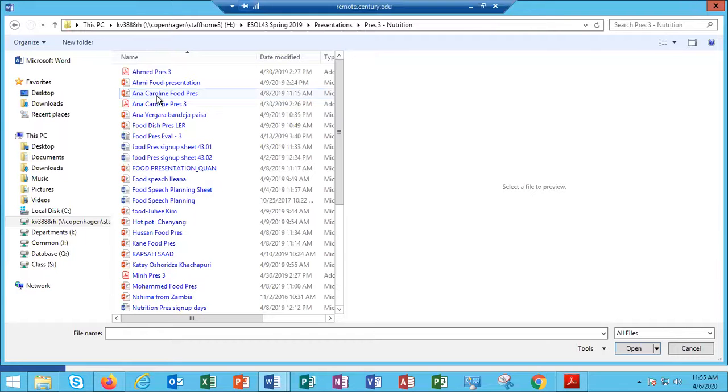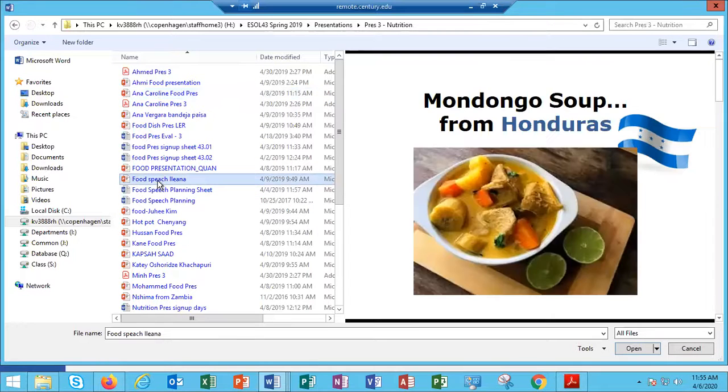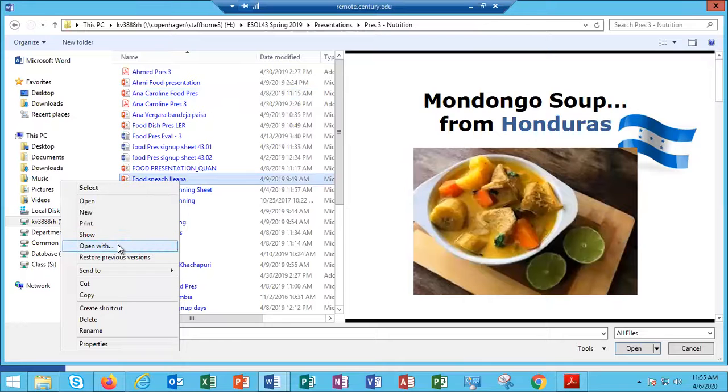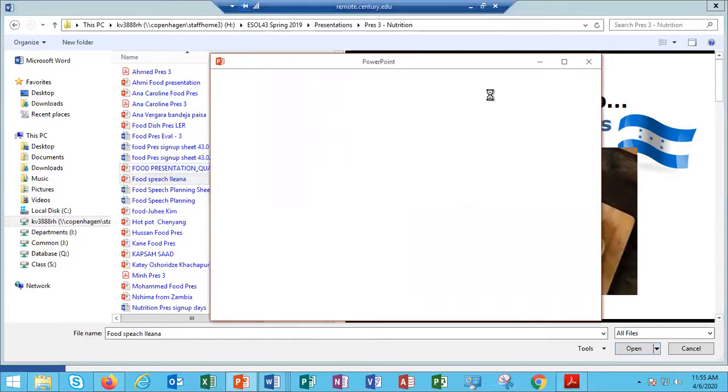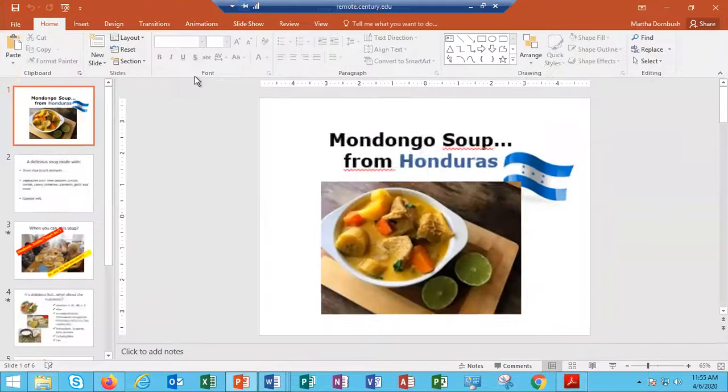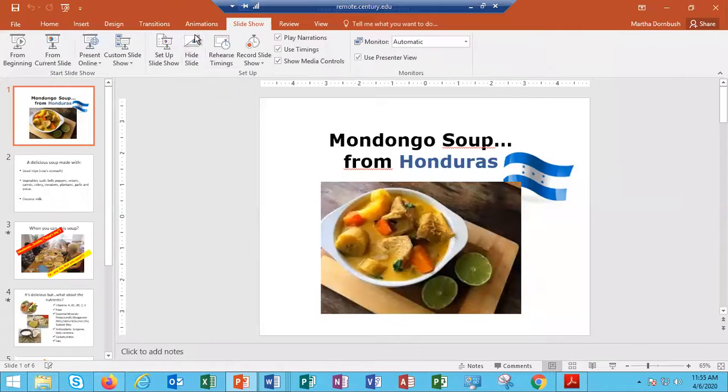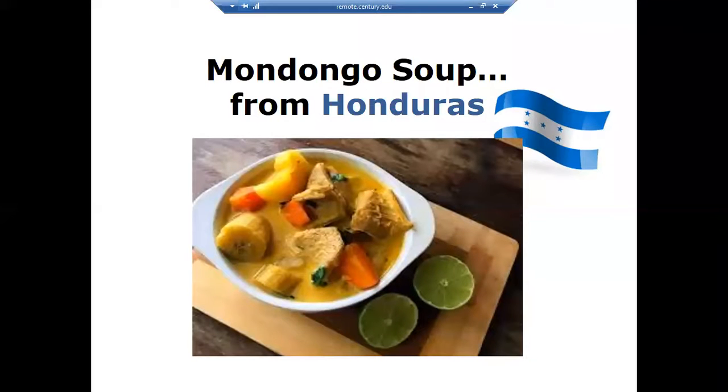So here's an example. There's names on here. You aren't supposed to see that, but here's a girl from Honduras. She's not a student at Century anymore, so none of you probably know her. But this is how she did her slideshow. Can you see this? So she talked about this soup.